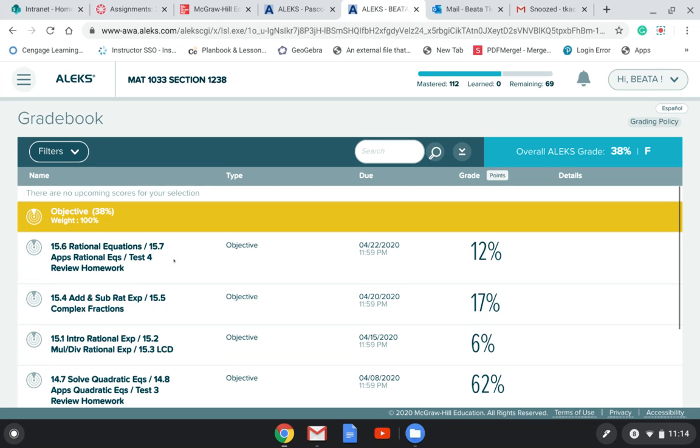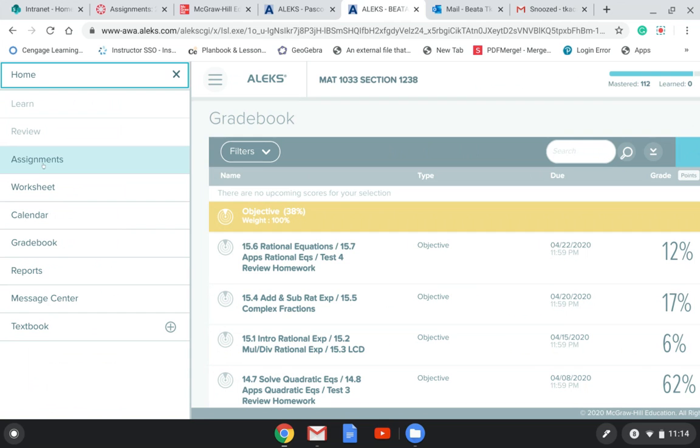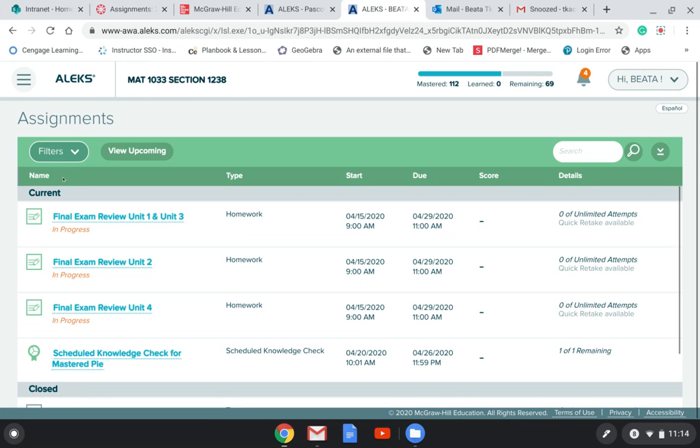So there are two options which I can suggest and offer to you. Either I can reopen the assignment for you and you can just do it for a better grade. That will be one. I'm okay with doing that. Or, which I think will be better, I recommend that you complete one of the final reviews.